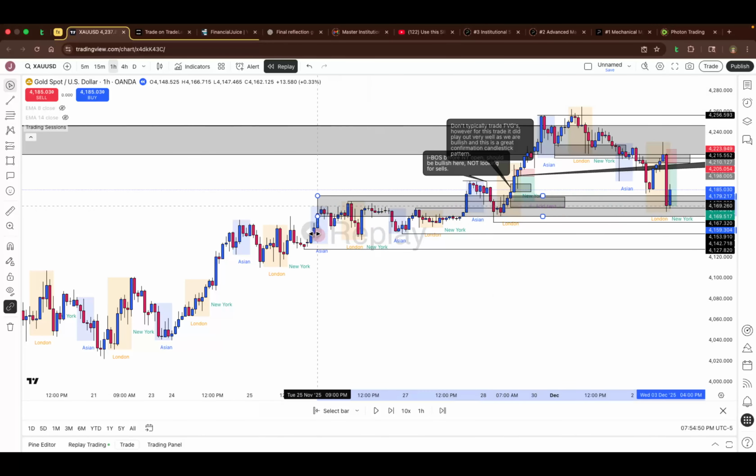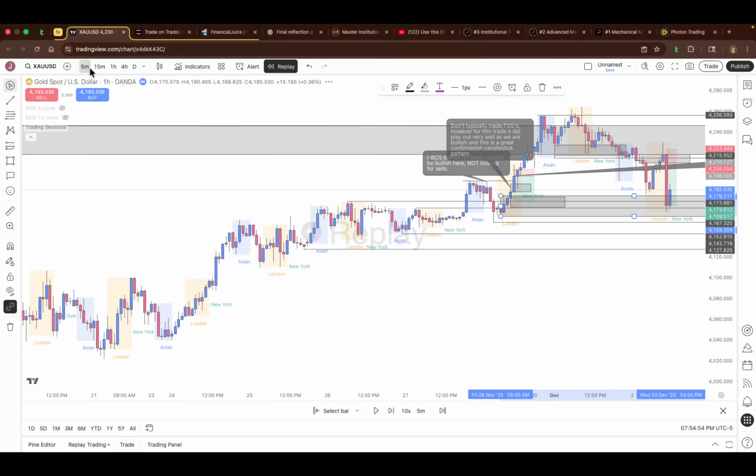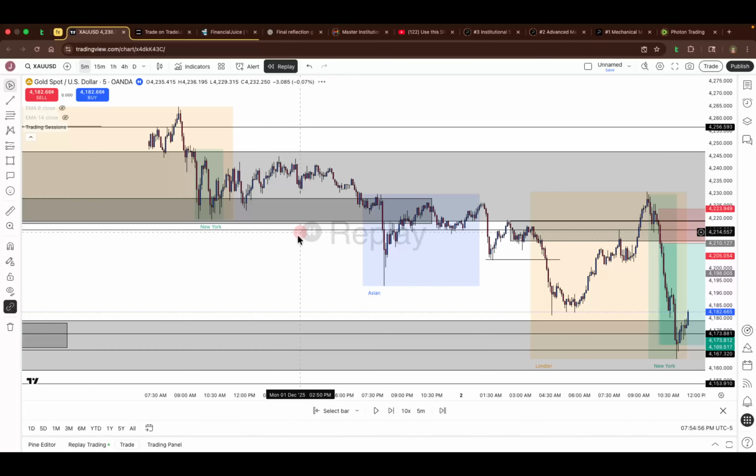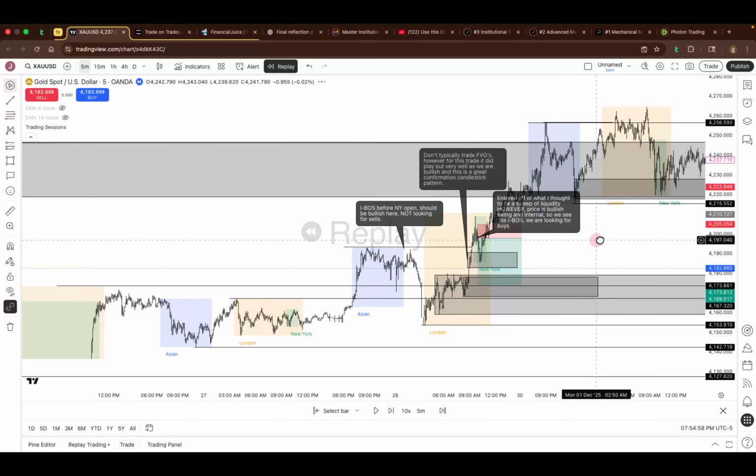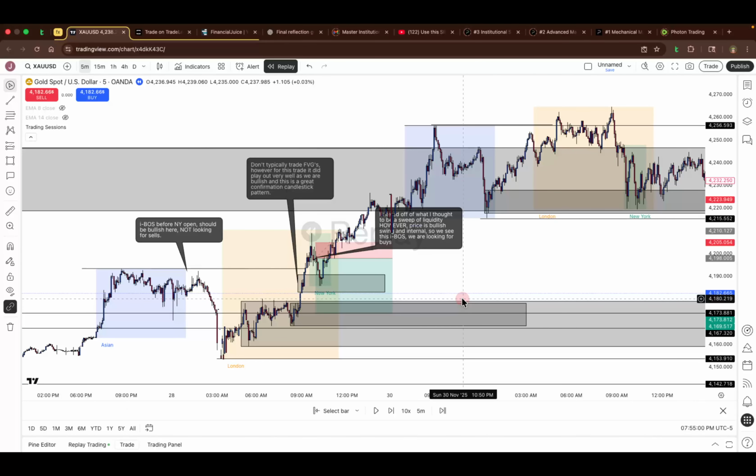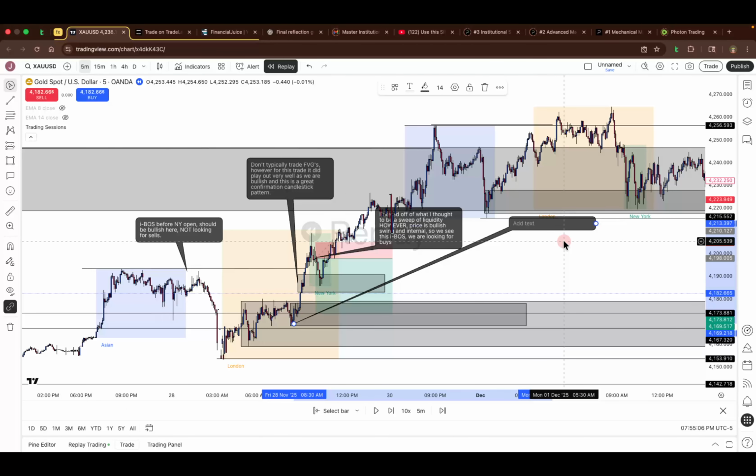It's been mitigated before. Price came here before. It's not a fresh strong zone. So this didn't really play out. I'm going to come back to that one. Had TP down here, and then so.